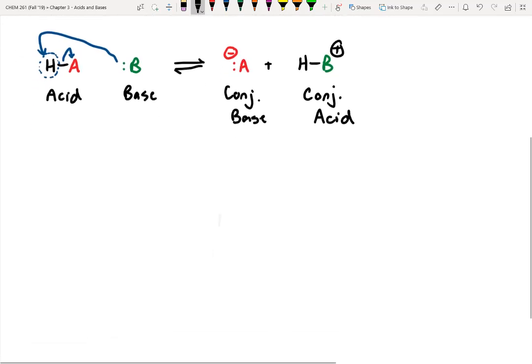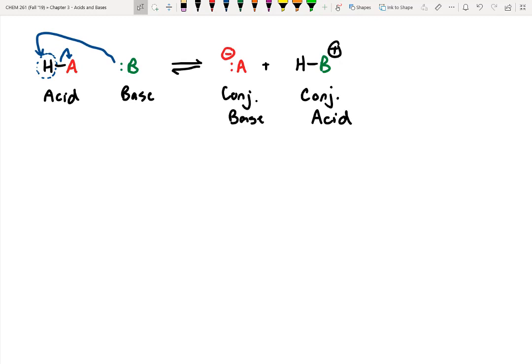All right, so a few things we really, really have to remember is that strong acids result in stable conjugate acids or conjugate bases?